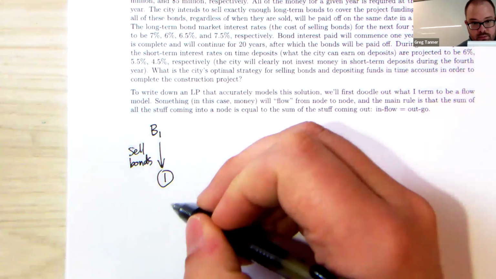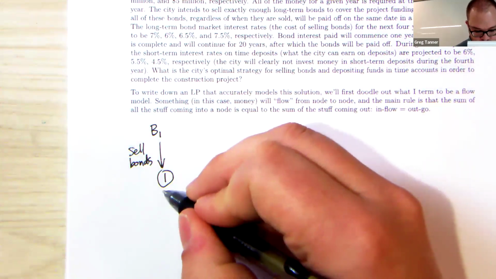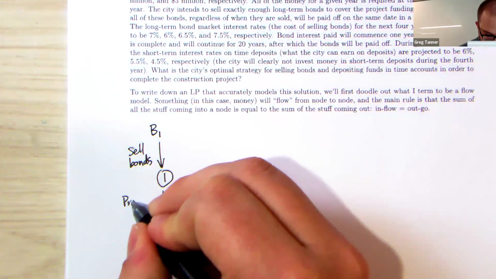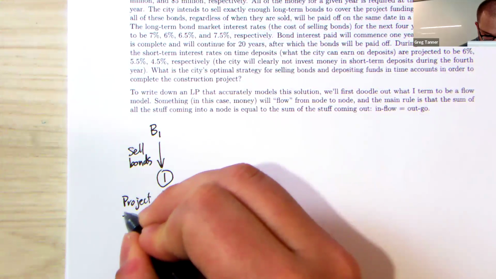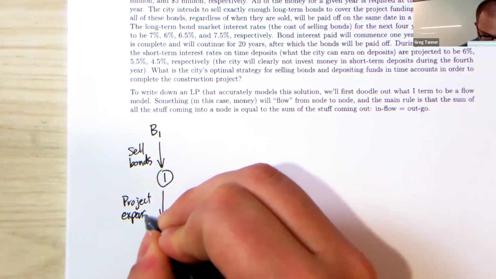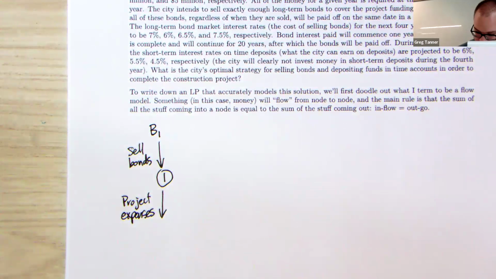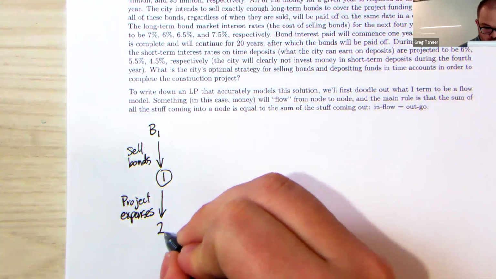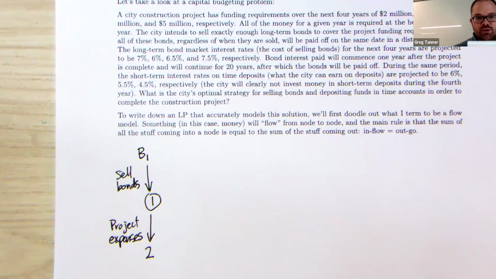What flows out in year one is project expenses, and in year one the project expenses are 2 million. We're going to denote our units for this problem as millions of dollars so that we don't have to write out as many zeros.